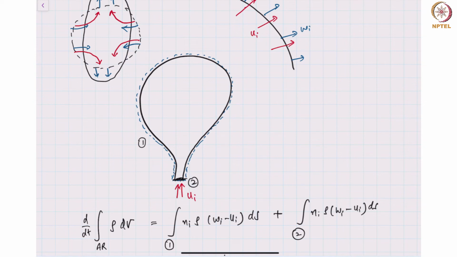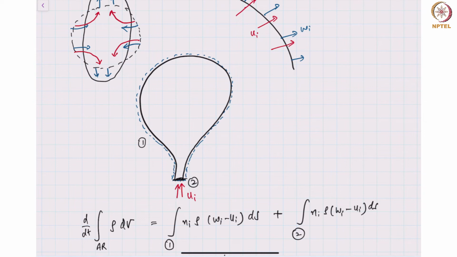Correct? Now in the first integral, the boundary is increasing. ui is the velocity at the boundary, and wi is the velocity of the boundary itself.